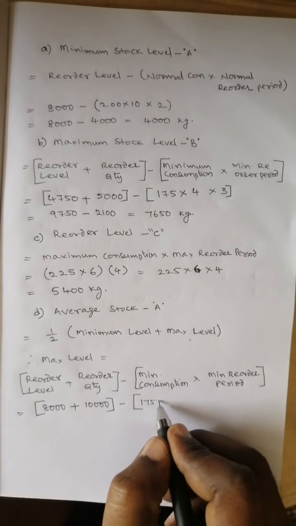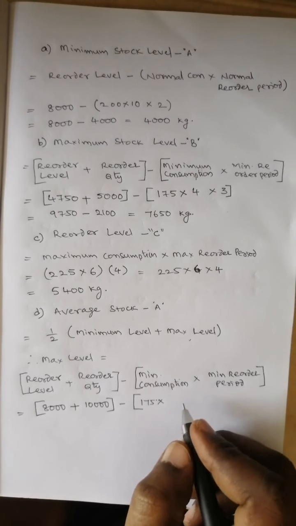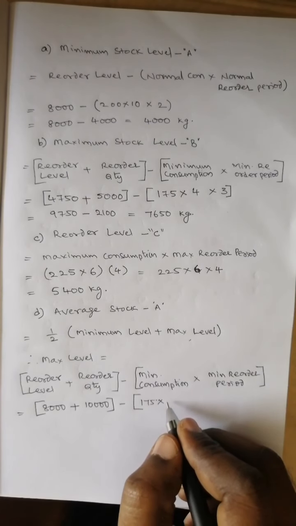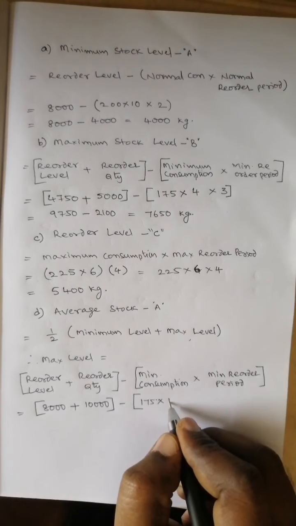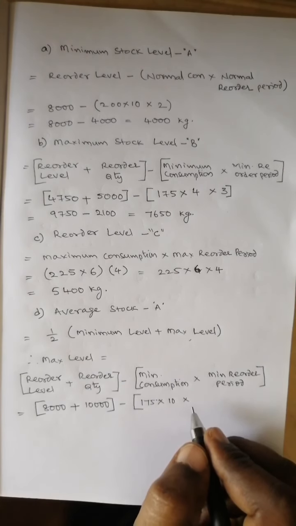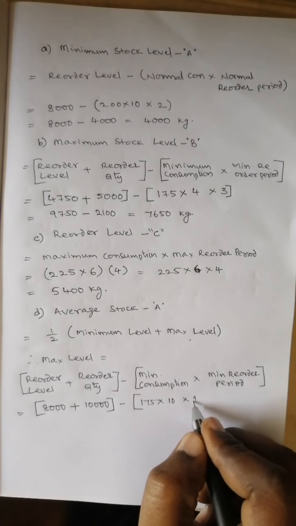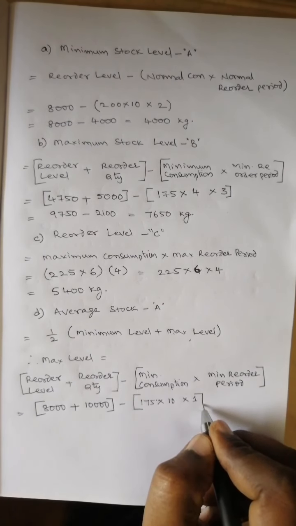But these are numbers of units, so to get kgs we have to multiply. Usage per unit of product A is 10 kgs, into the minimum reorder period. The reorder period is given as between 1 to 3, so 1 is minimum, 3 is maximum. As we have to take the minimum, let us take 1.